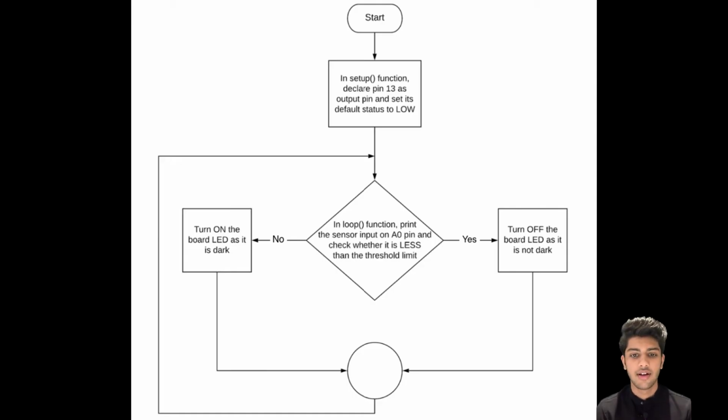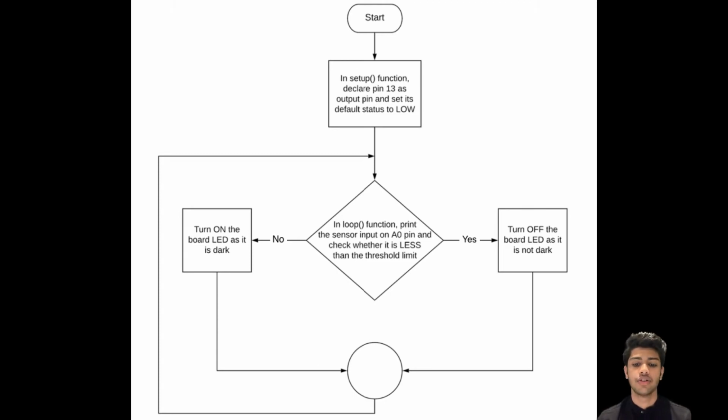Here we are in the flowchart section, and what are we doing with our code? We want that every time there is darkness, we turn the onboard LED on. In order to do that, first of all, we'll declare pin 13 as the output pin, and we'll set its default status to low, which means it will be off in the starting.